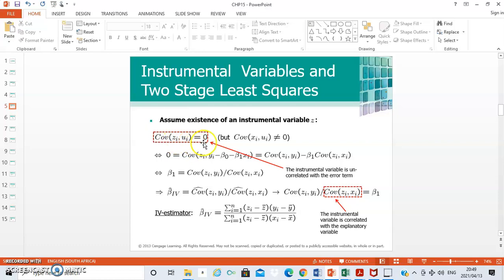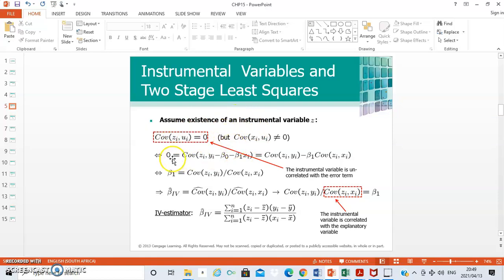So if there is no relationship between the endogenous variable and the error term, then it's still fine. In other words, the instrumental variable is uncorrelated with the error term. But if there is a covariance between the other explanatory variable, which is supposed to be exogenous, and the error term, then there is going to be a problem of endogeneity.